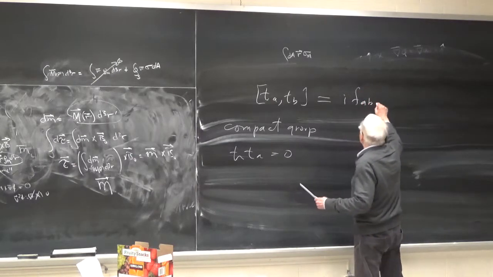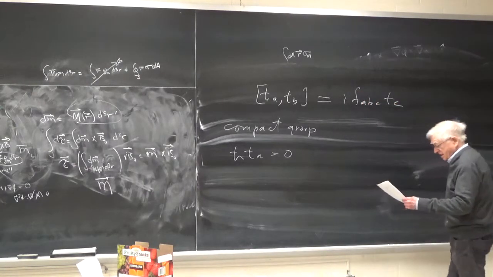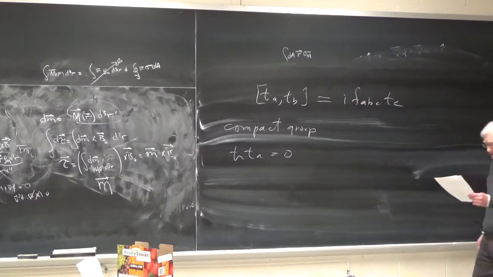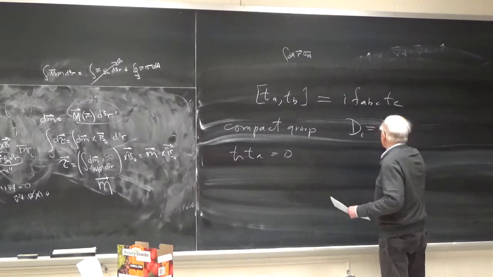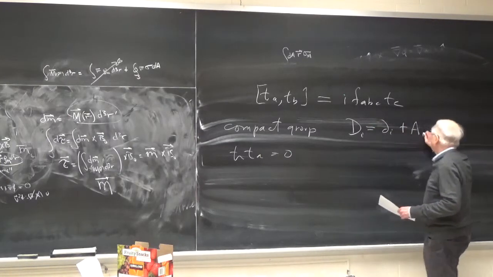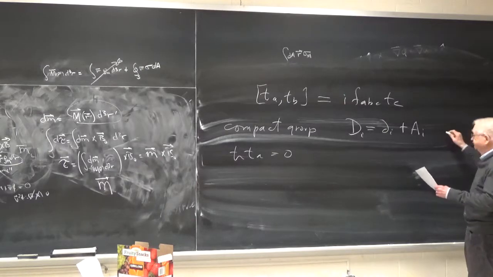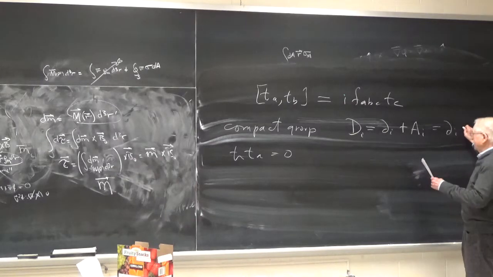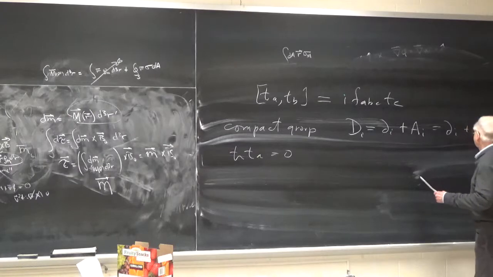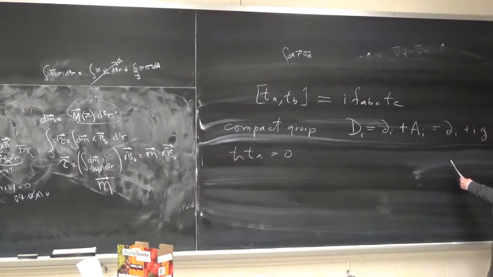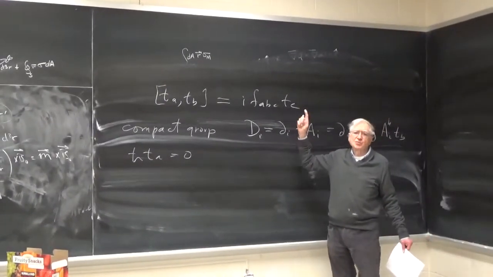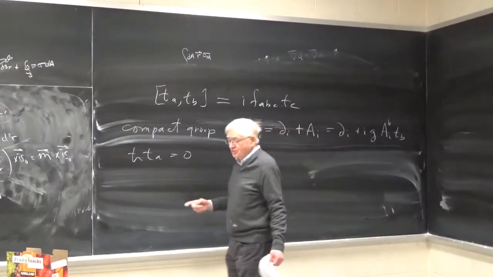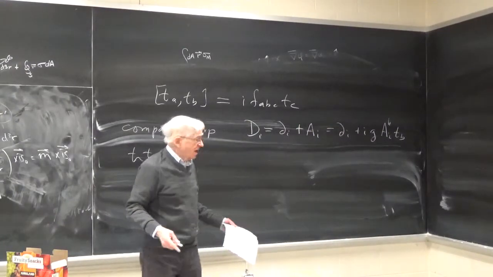Since it's compact, the commutators are just linear combinations of the generators, and we define a covariant derivative as an ordinary derivative plus an A_i, which I'm going to write as D_i plus i, a coupling constant, A_i^B T^B. Because the group is compact, it doesn't matter whether the group indices are up or down.